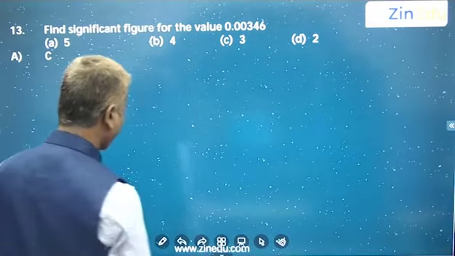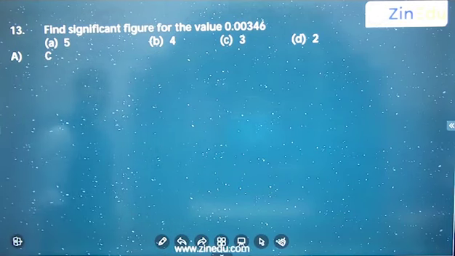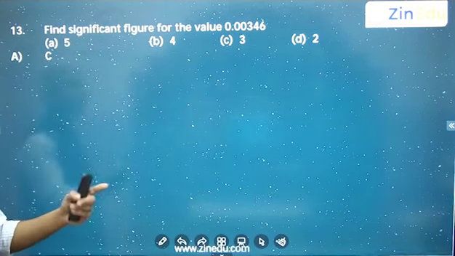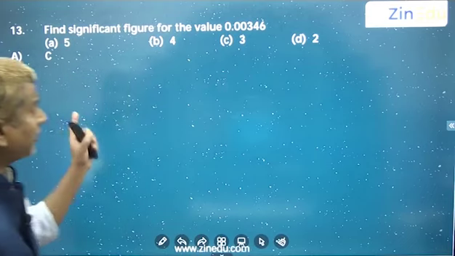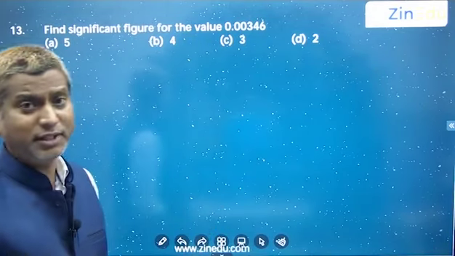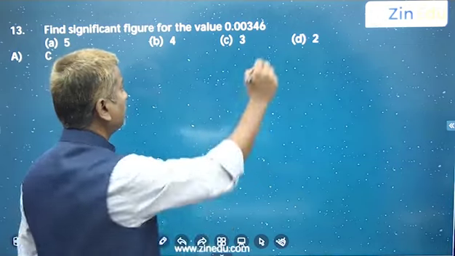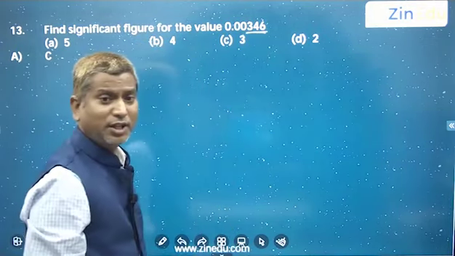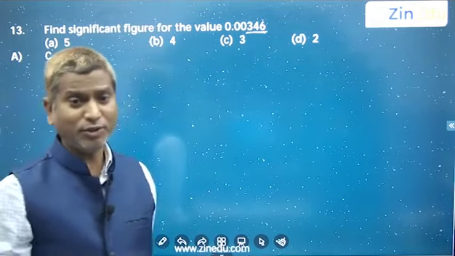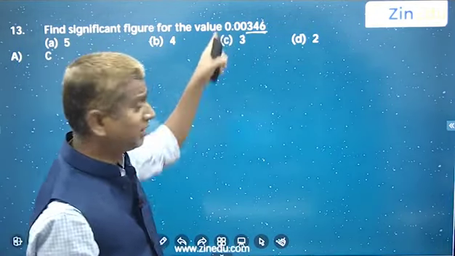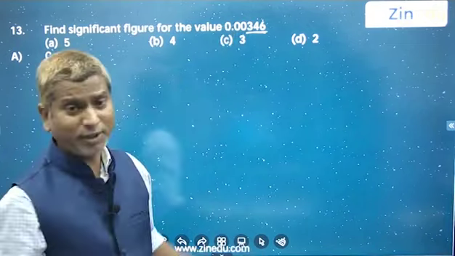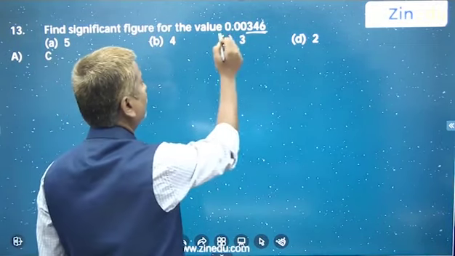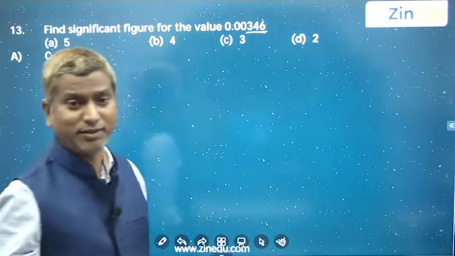Find the significant figures for the value 0.0034. We have studied this in significant digits. Whenever a non-zero number is there in front, whatever zeros are there, even the decimal, as long as you don't have any non-zero digit before them, all these zeros will not carry any significance.